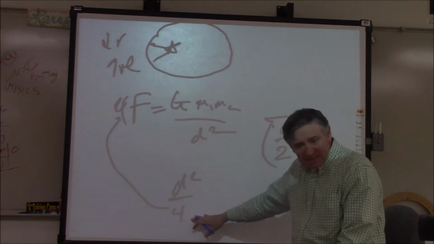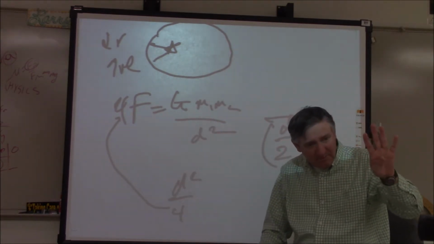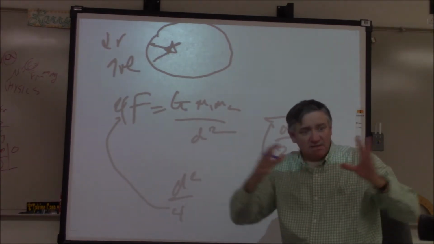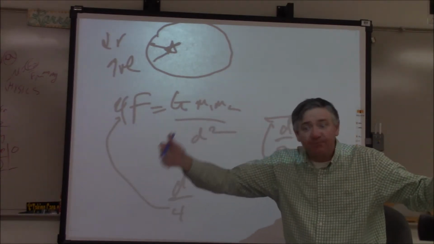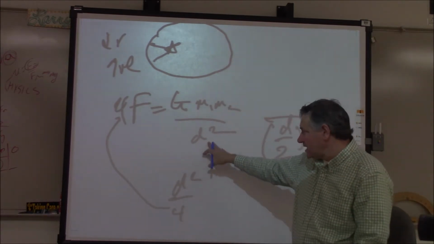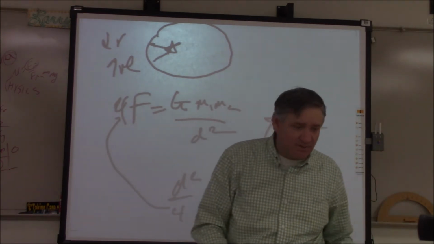So if you cut the distance in half, the gravitational force goes up by a factor of 4. Now the other side of it is if you double the distance, if you make them twice as far apart, the gravitational field goes down by a factor of 4.